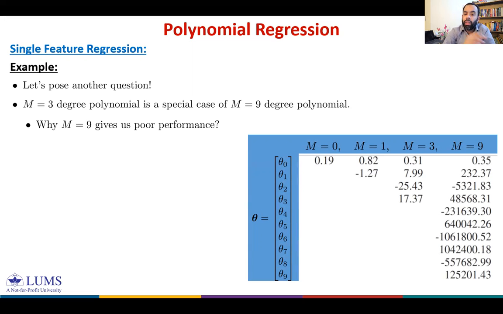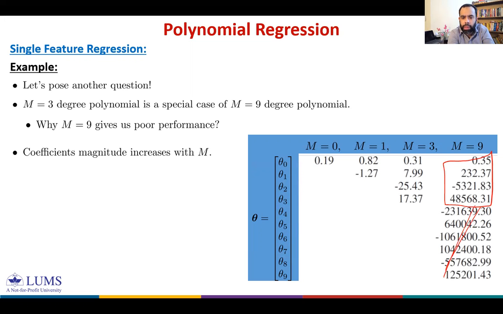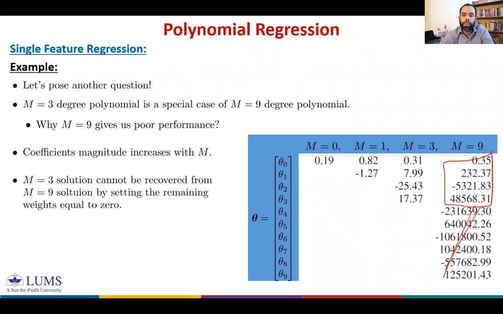You can see the magnitude of coefficients is increasing with m. If you only keep these 4 coefficients for the m equal to 9 solution and make the rest equal to 0, you cannot recover the m equal to 3 solution.